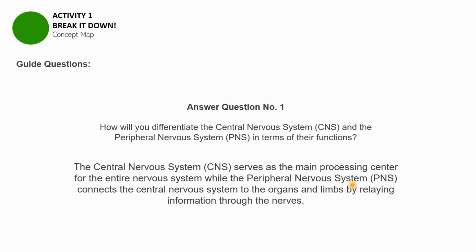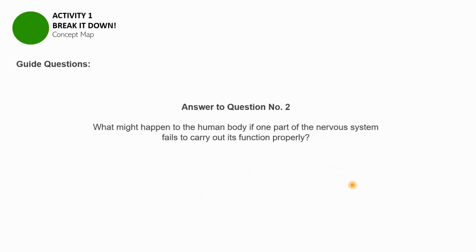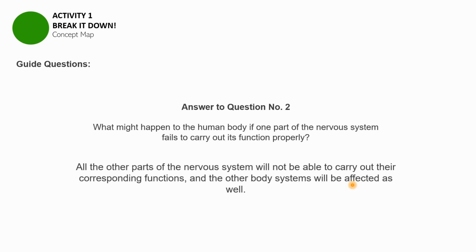For the second guide question, number 2, which goes, what might happen to the human body if one part of the nervous system fails to carry out its function properly? The correct answer to this question is as follows. All the other parts of the nervous system will not be able to carry out their corresponding functions, and the other body systems will be affected as well.